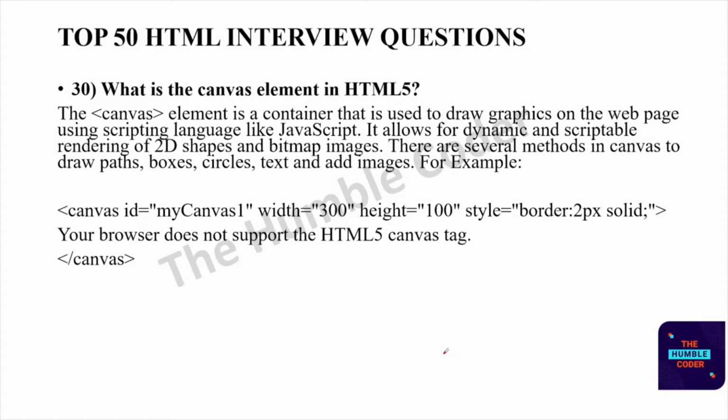For example, canvas id equals myCanvas, you can mention the width and height, and you can add the style, that is border 2 pixels solid. Your browser does not support the HTML canvas tag, so whenever you write this statement in between, it will be displayed and you can draw graphics on your web page. Moving ahead with the next question.